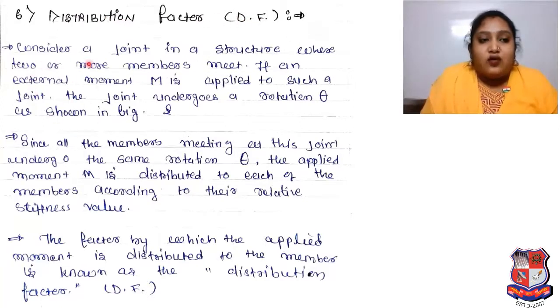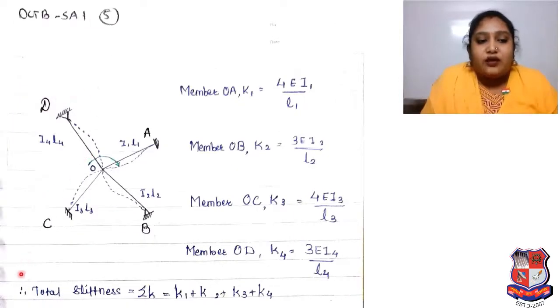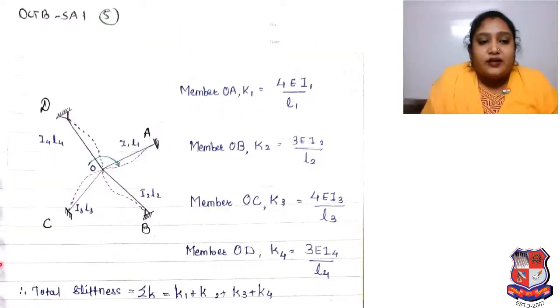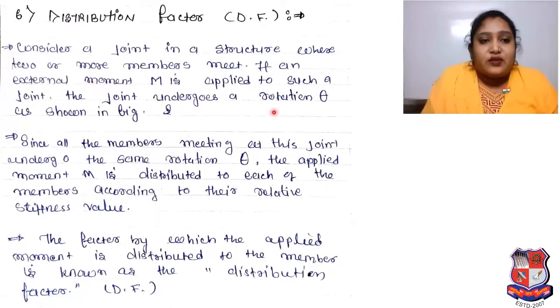Whatever is written over here, you just try to compare with that figure. See that, consider a joint in a structure. There is a joint, and these all are the members, fixed or simply supported, where two or more members meet.